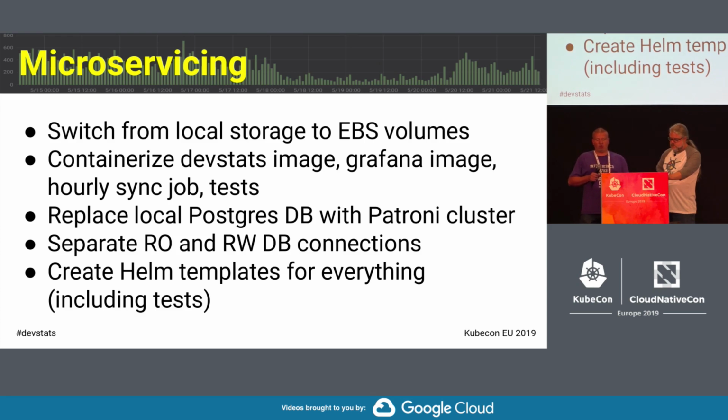We replaced local Postgres with our solution Patroni, which is a high availability database cluster on 3 nodes currently. We created separate services for read-only access and for read-write access to take advantage of read replication. And finally, we used Helm to template everything and to allow adding any new project in a very easy way in just a single YAML file, and it will generate Kubernetes manifest templates for every project.